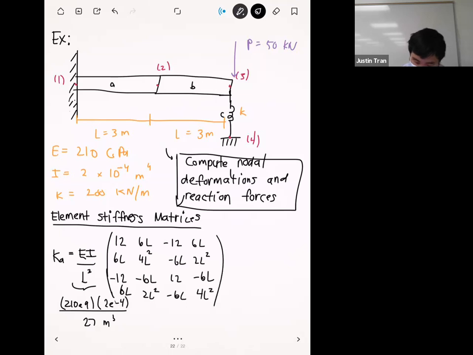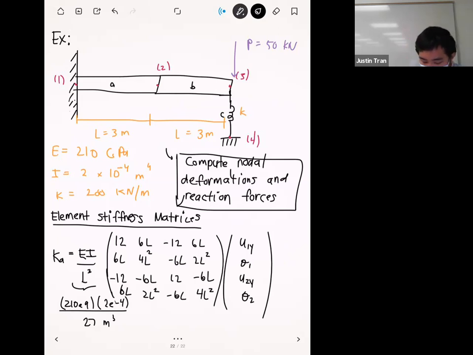And this is acting on nodes 1 and 2, so it's going to be U1y, theta 1, U2y, theta 2. Where all the L's that you see in here, you're going to plug in 3 because the length of each of those elements is 3 meters.